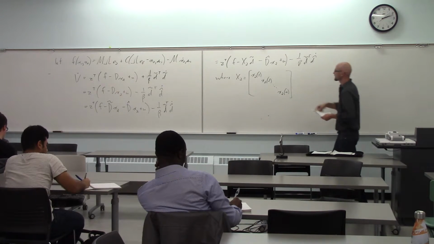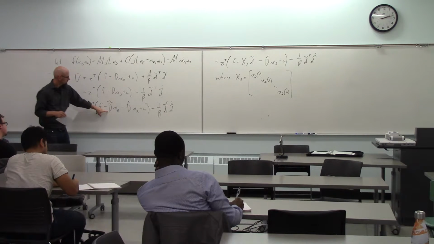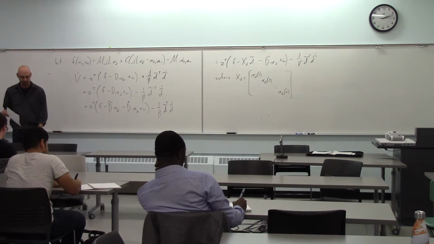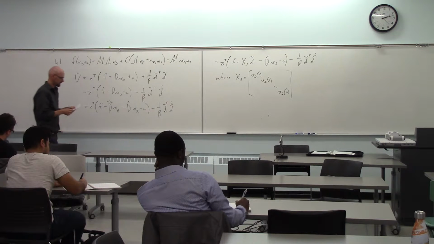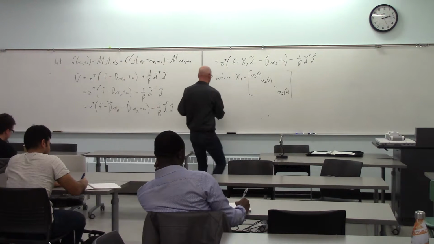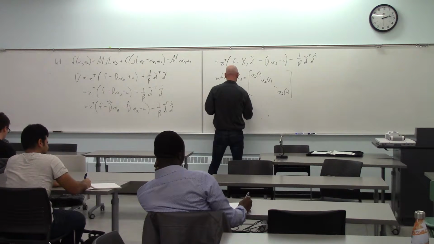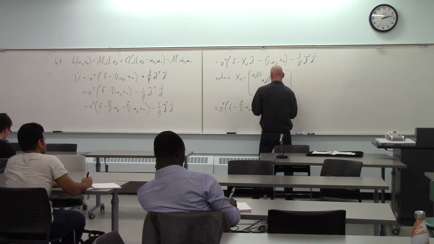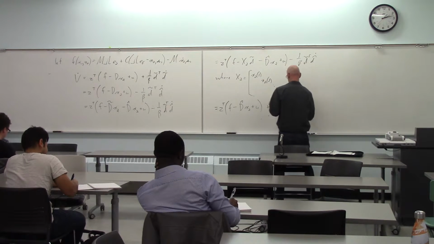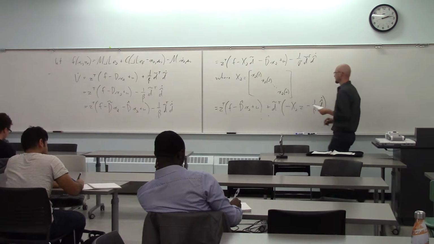Because I wanted something multiplied by this vector d tilde, but I had something multiplied by this matrix, capital D tilde. And doing that allows me to rewrite this equation like this.